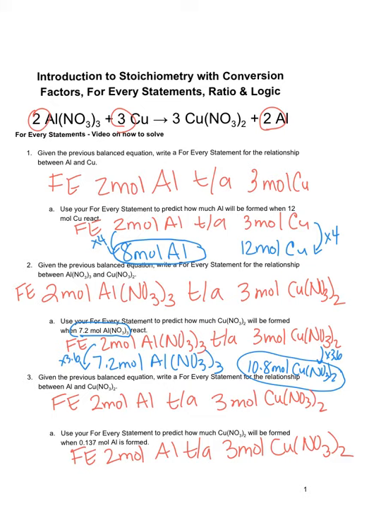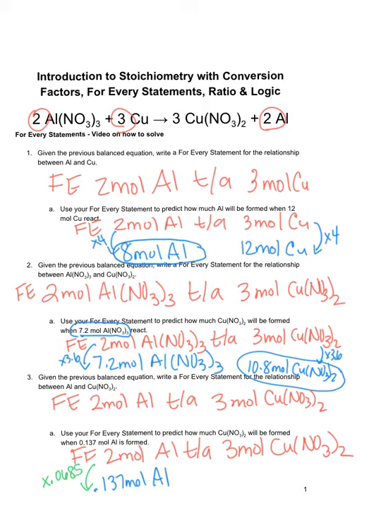So now I'm going to look at my problem, and it says 0.137 moles of Al are formed. So 0.137 moles Al. Notice I line that up below Al. And then now what am I going to do? I have to see, to go from 2 to 0.137, what do I multiply by? I multiply by 0.0685.